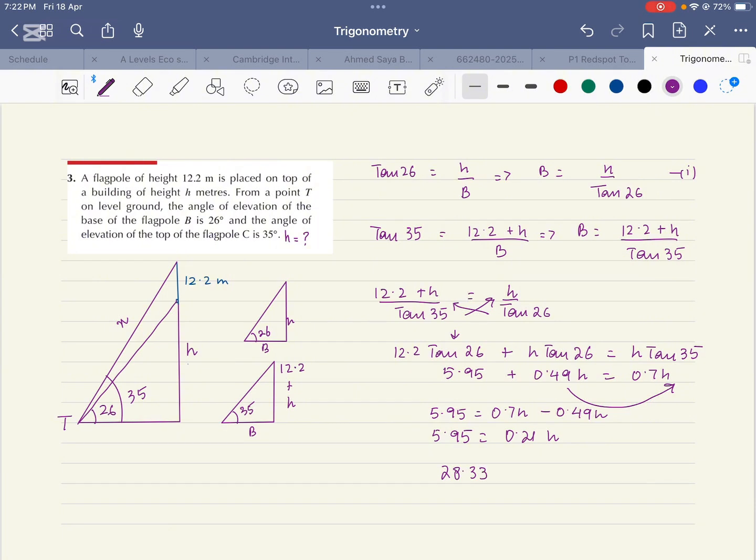Now that you have 28.33 and you have 12.2 as well, you can easily calculate x. Calculate x on your own. Give your answer in the comment section and I will get back to you.